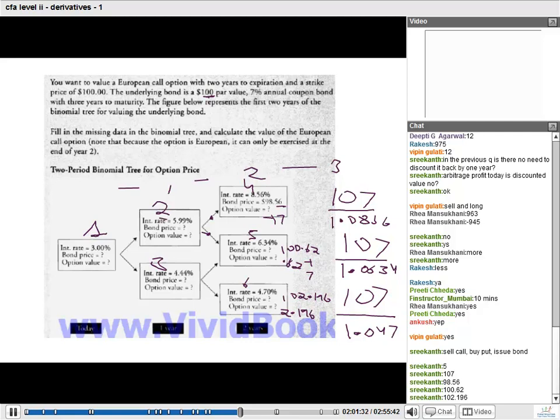So to derive the price at node 2, what do I see? If the interest rates actually move up, then the price of the bond would fall to 98.56. However, I'm still getting the coupon of 7. Or I can get 100.62 plus a coupon of 7. Either way, the value is coming to me 1 year later, and the current interest rates are 5.99%, so I'll discount it back by 5.99%.